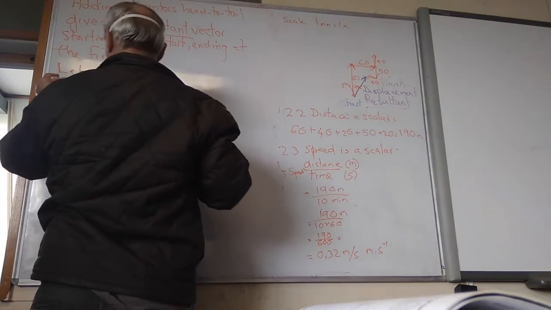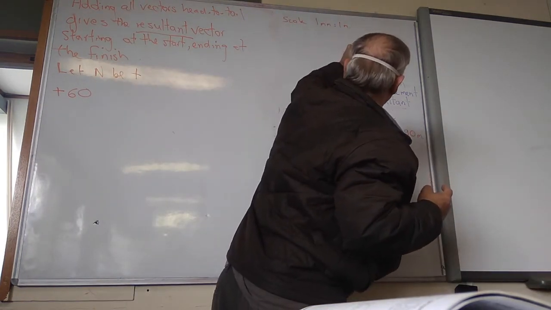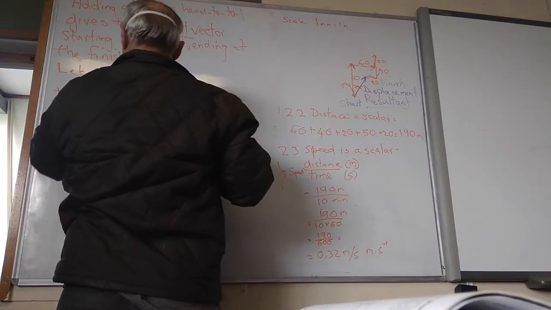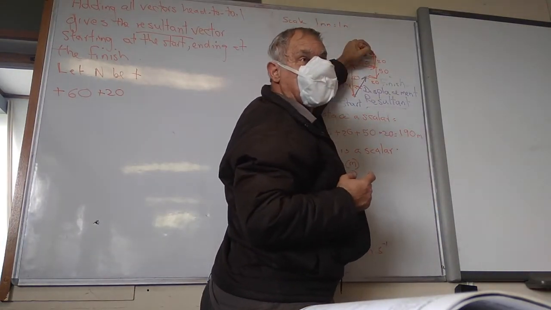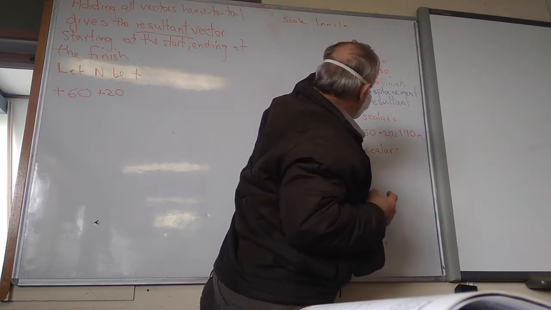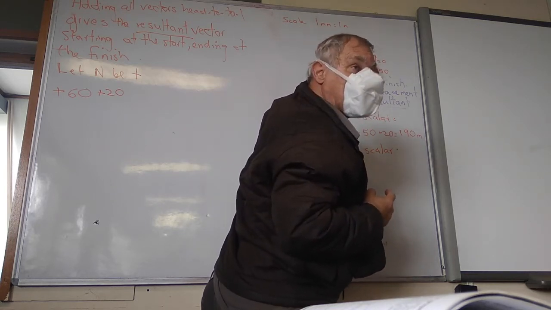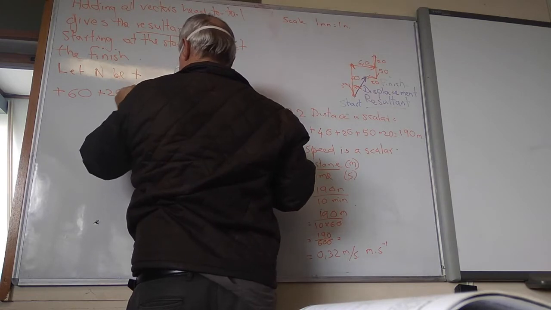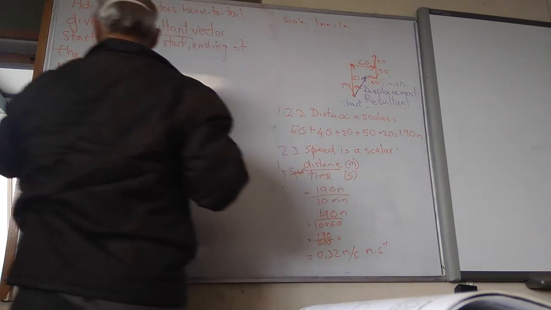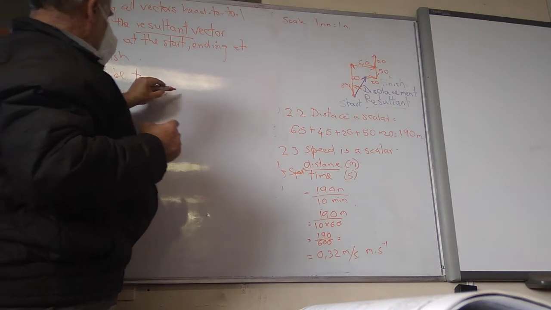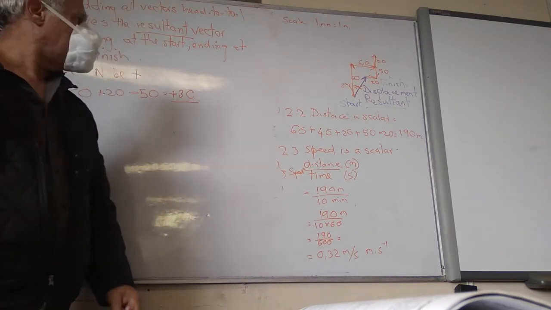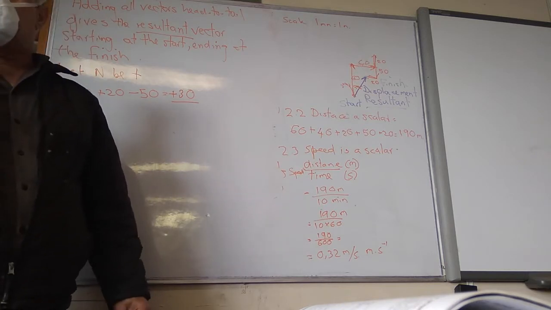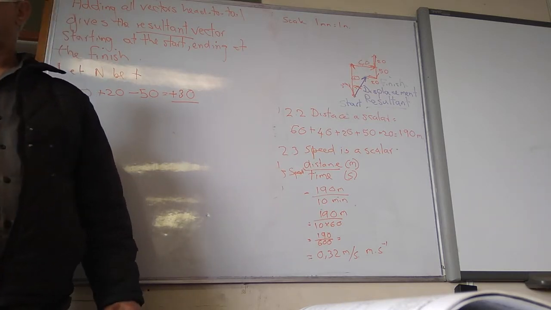Plus 20. Now, if north is positive, south must be negative. Minus 50. 80 minus 50 is plus 30. So I know that my finish is 30 above where I started.